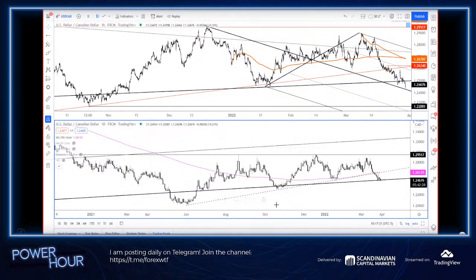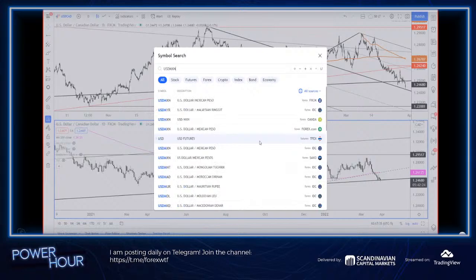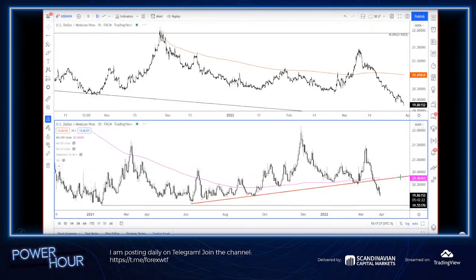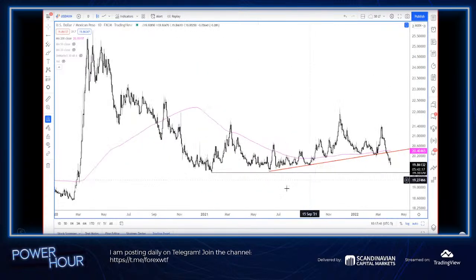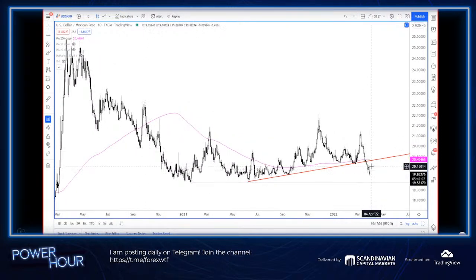Okay, moving on. So we did the majors. Dollar peso is actually a very interesting proposition here as well. You can see that we did break a trend line that goes back not quite a year, back to June of last year, so 9 months or so. And the 200-day average is at the underside of that trend line.